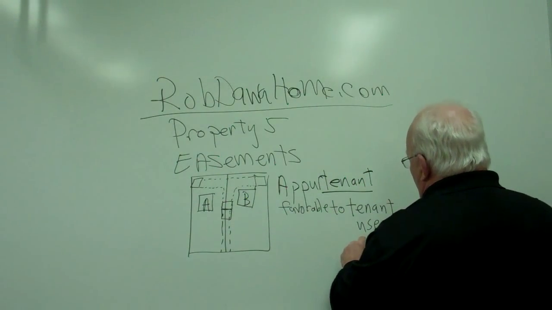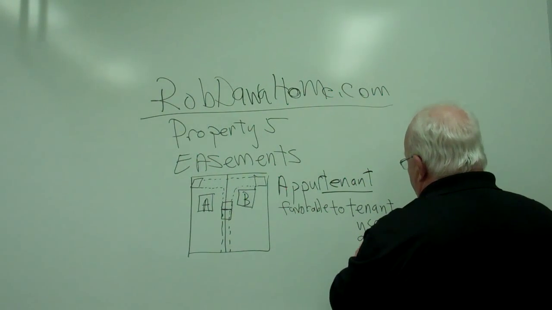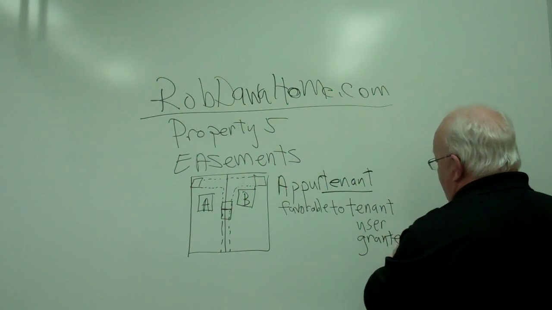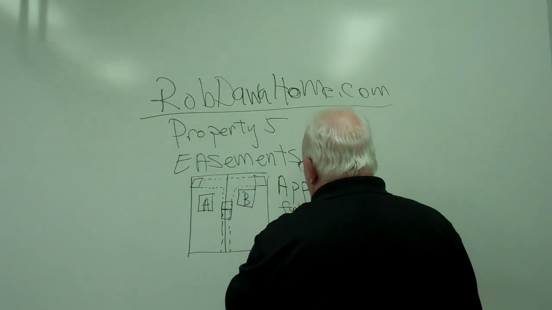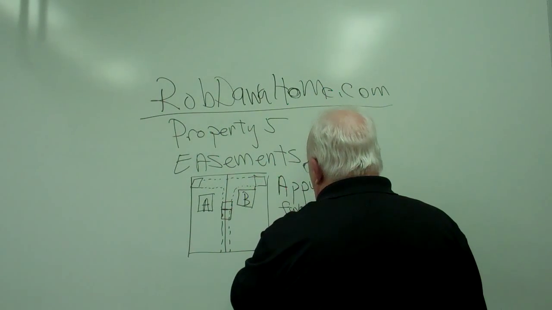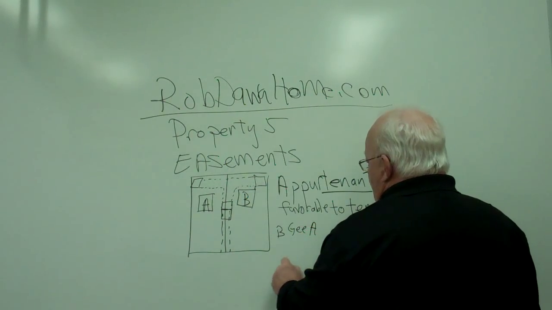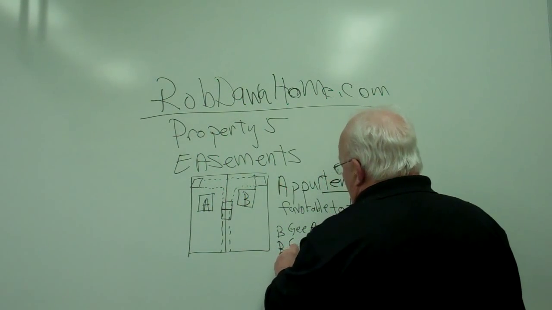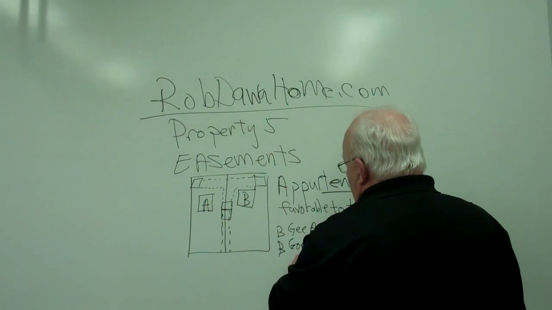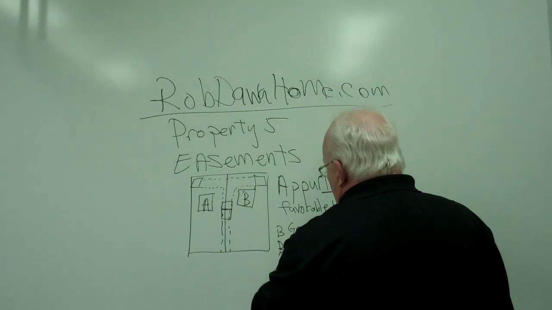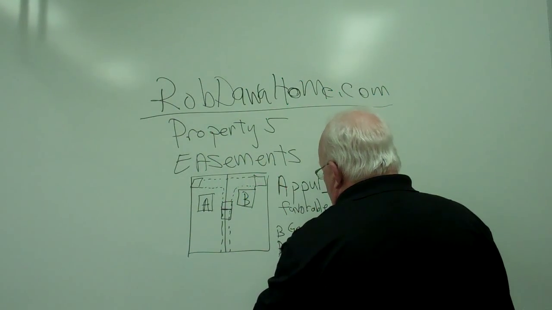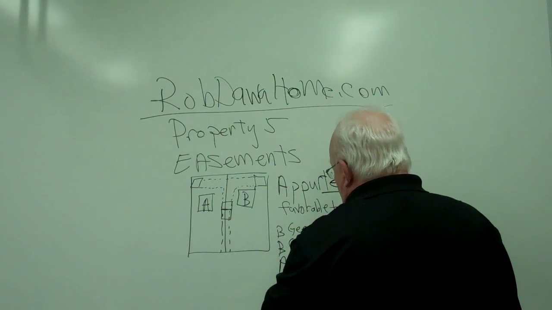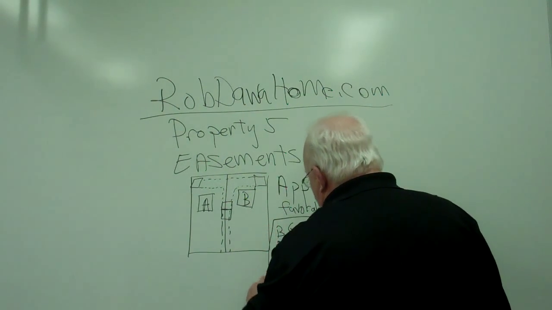Another word for him would be grantee, and that's going to come up again. So B is a grantee of A, and B is the grantor of A, and A is the grantor of B, and A is the grantee of B. Are we all understanding each other?